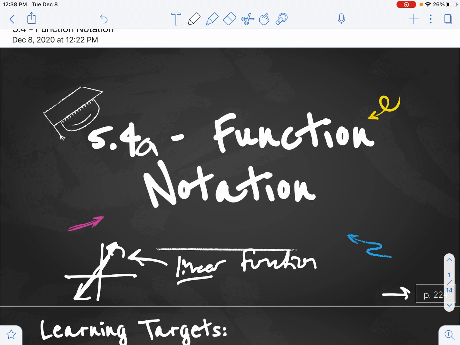Linear kind of makes sense because it is in a line. And that linear function form is y equals mx plus b, where m is our slope and b is our y-intercept. Let's say that it's y equals 2x plus 1.